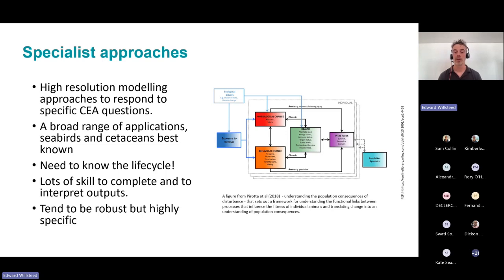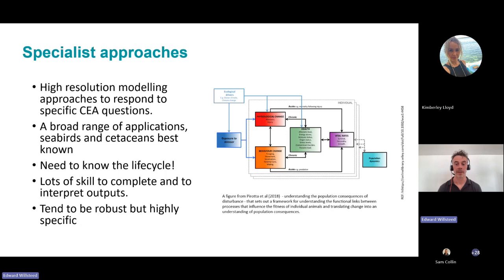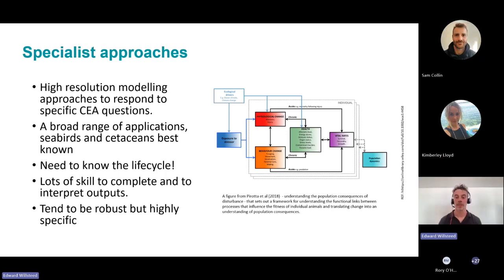The depth of understanding required about the species and about how those species respond to specific pressures is pretty deep. So these tend to be data-rich CEAs, and they're also among the most technical, and in some cases the hardest for non-technical people to understand. But the approaches are typically robust. But because those are highly targeted, it's hard to envision such an approach being applied across all situations.